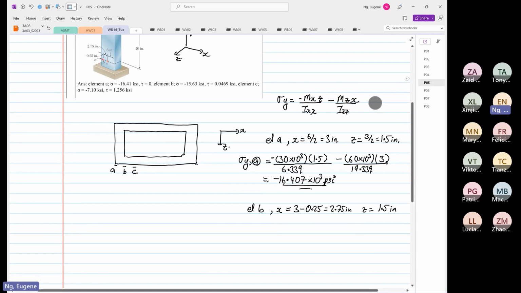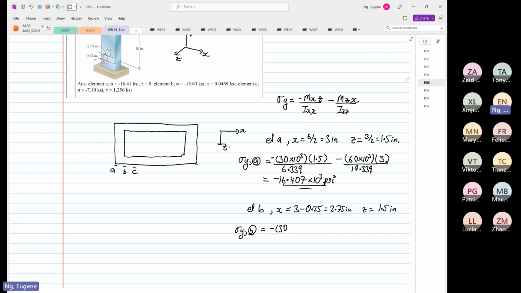Okay. So stress Y at point B is again minus 30 times 10 to the power 3 multiplied by 1.5 divided by 6.339 minus 60 times 10 to the power 3, so that's mz, times 2.75 divided by Izz, which is 19.339.